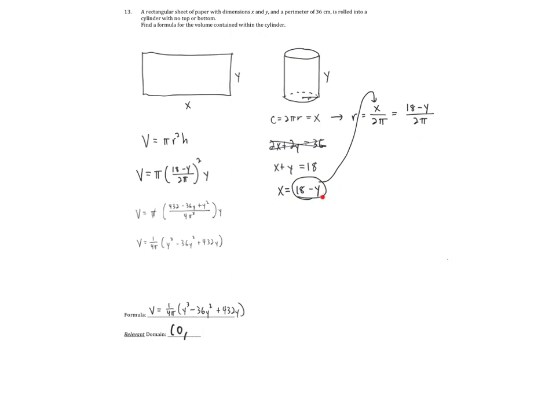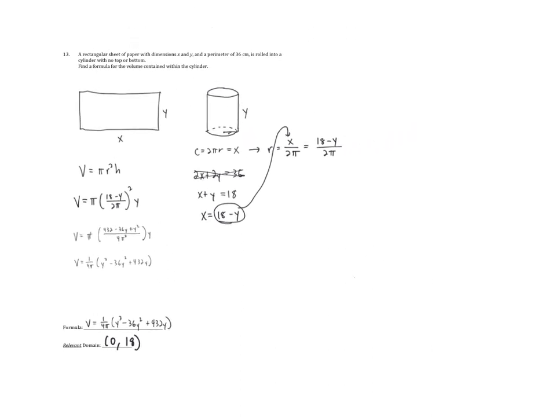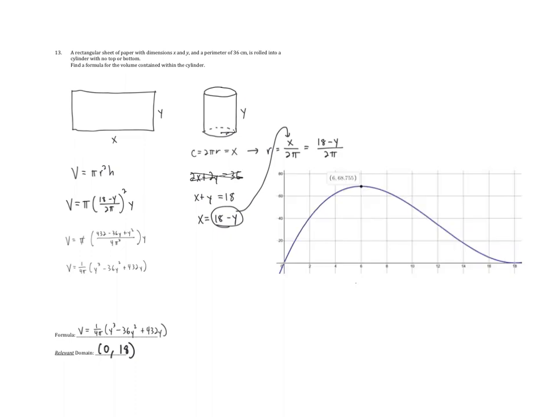You can see this y value can't be 18 or bigger, or that would make x negative, and we can't have this side length of that original rectangle be negative. So 18 is the biggest it could be. Okay, so let's graph that on that domain.